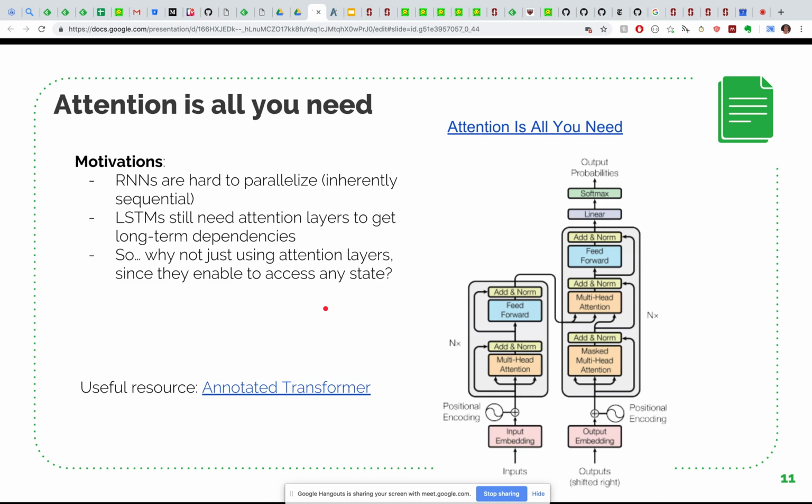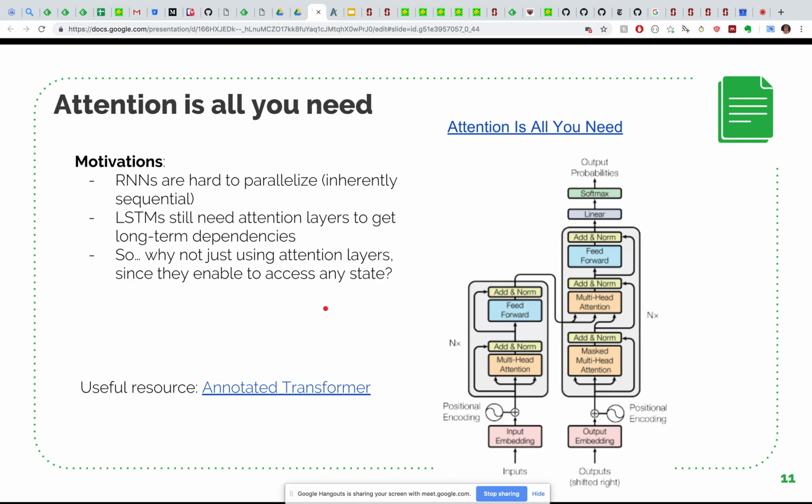LSTMs were made to improve how far in the past we can go to get information, but attention layers were still necessary to get long-term dependencies.